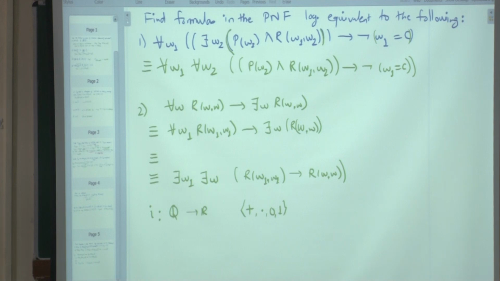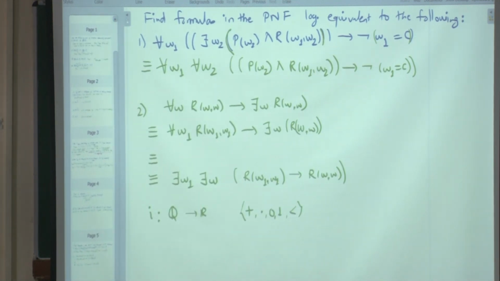Do you remember the definition of a structure homomorphism? It must preserve addition, it must preserve multiplication, and 0 and 1. So which is quite simple here. Oh, sorry, there is also less than. What do you do with less than? It also must preserve order.